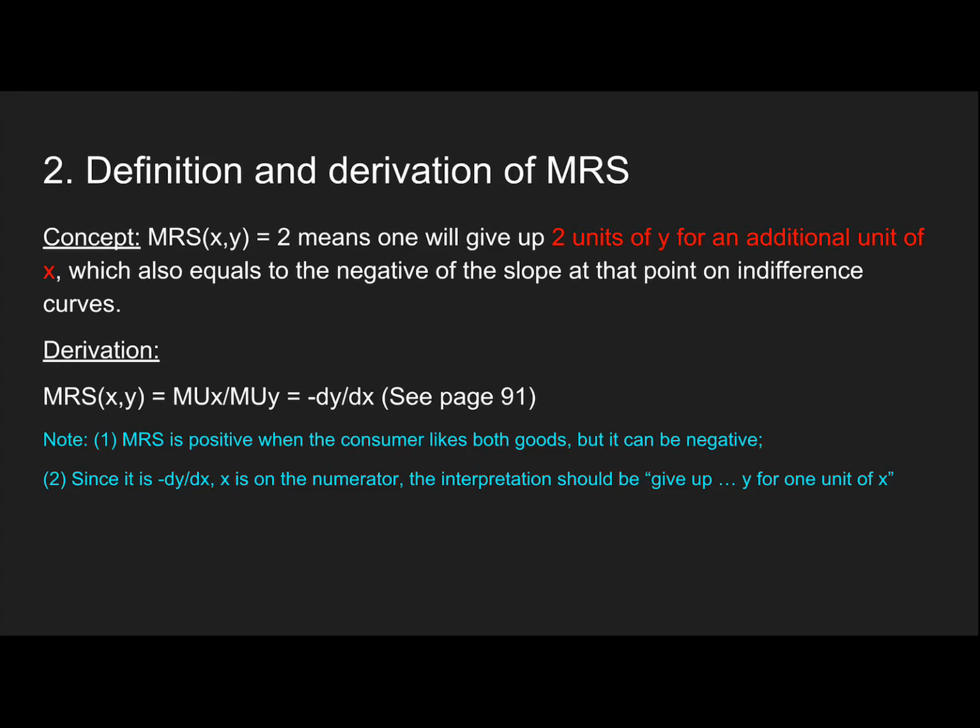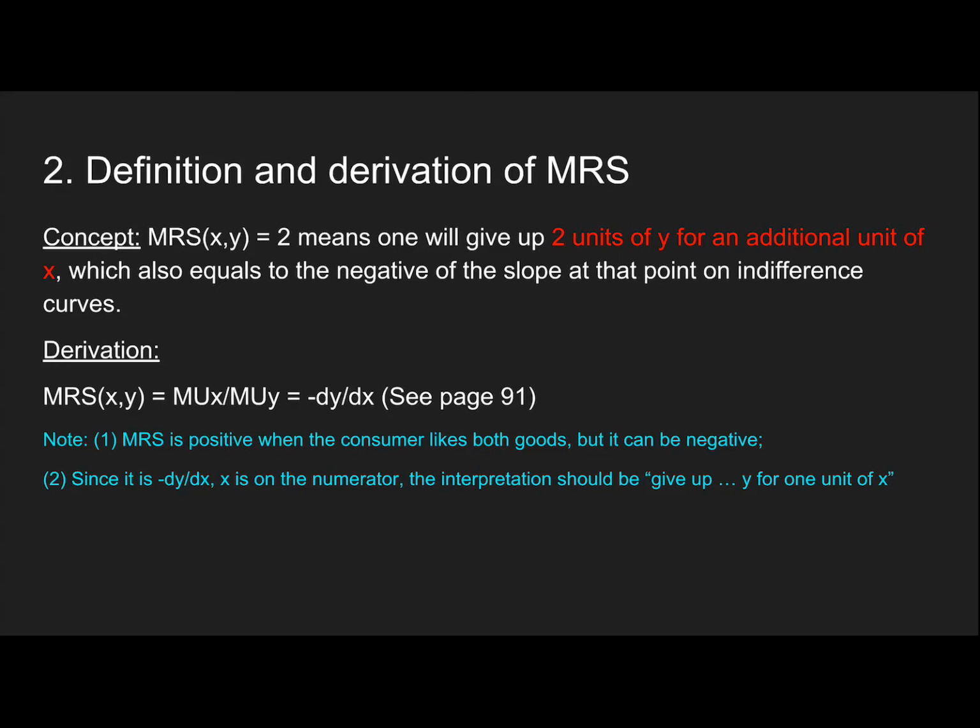So here you see it is 2 units. You will give up y for 1 unit of x. So y comes first, and this MRS also equals the negative of the slope at that point on the indifference curve. So yeah, again, MRS xy equals 2 means one will give up 2 units of y for an additional unit of x.